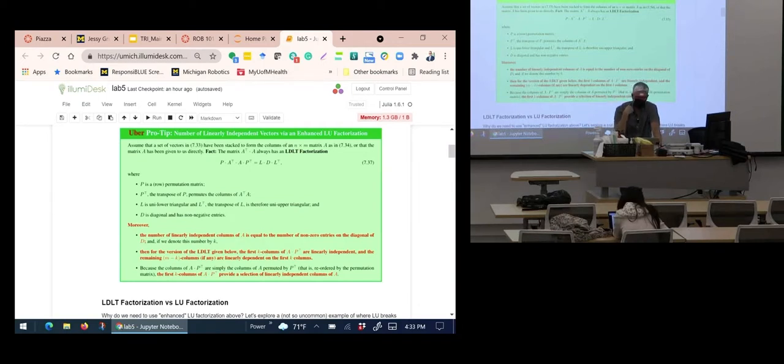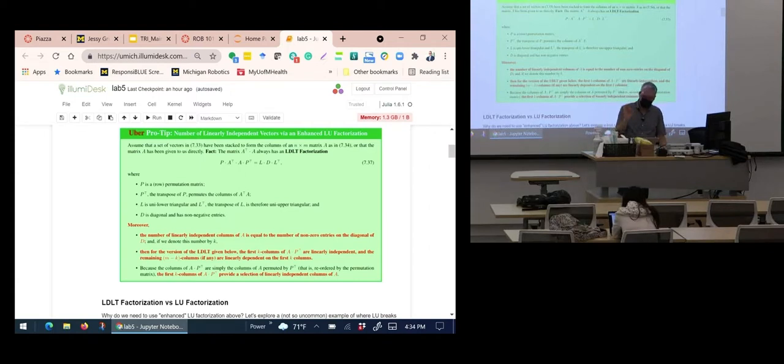Instead of only having one permutation matrix on the left, we add its transpose on the right to preserve symmetry, and instead of writing U, we write U as the transpose of a lower triangular matrix, so that will make it upper triangular, and then we multiply it by a diagonal matrix which preserves the upper triangular property, and that diagonal matrix will have non-negative entries.